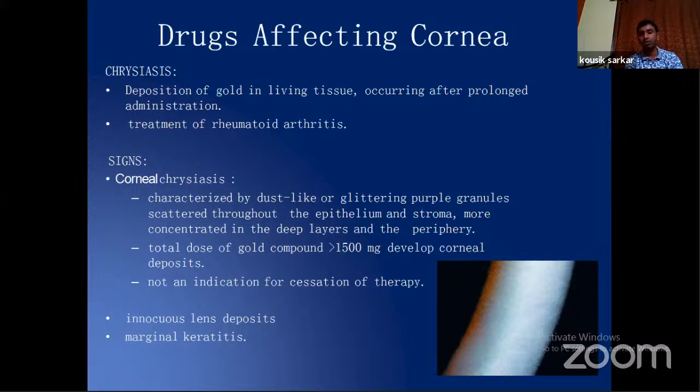A total dose of gold compound of more than 1500 milligrams develops corneal deposits. It is also not an indication for cessation of gold therapy. Some other ocular tissues are also affected by administration of systemic gold, like innocuous lens deposits. Marginal keratitis sometimes happens also.